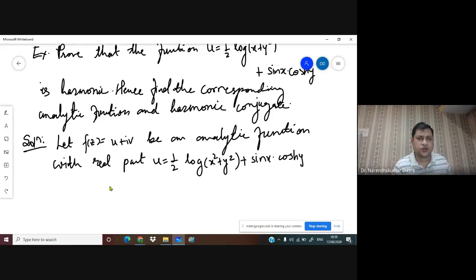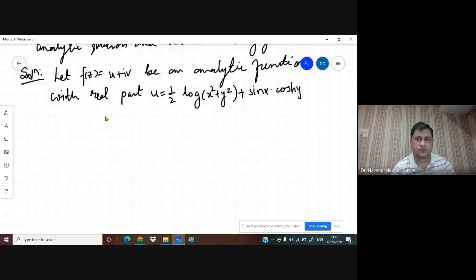Okay, so that's what we have. Now we want to find out the analytic function also. We have to show this is a harmonic function also.